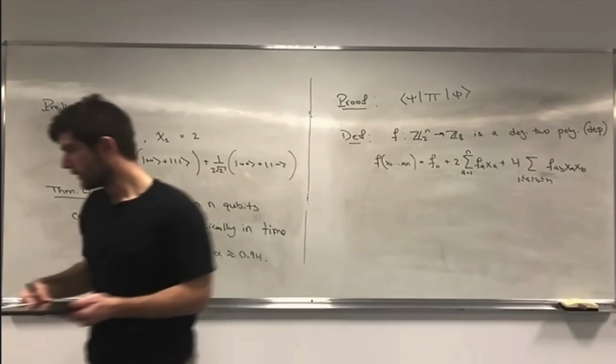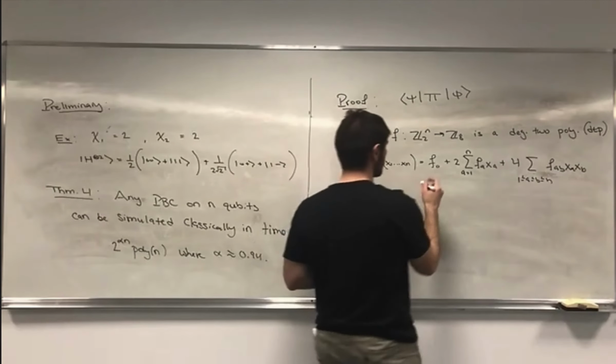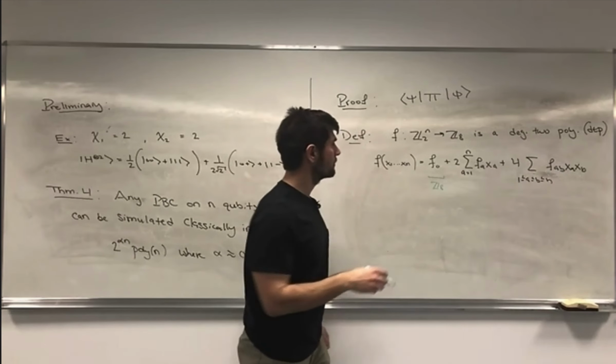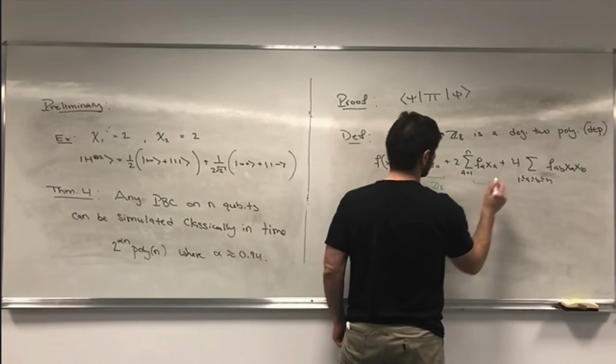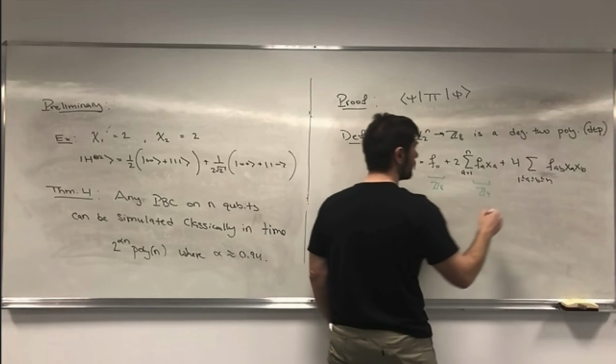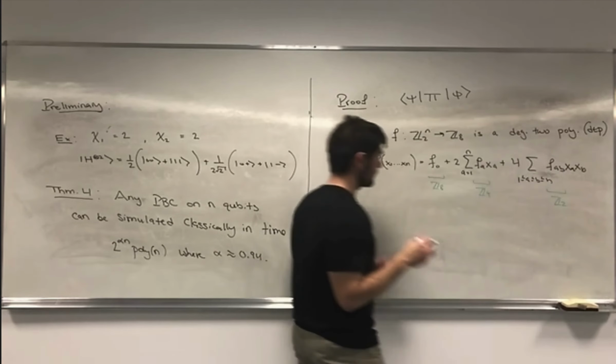So what are these coefficients? We have that f0 is in Z8, the coefficients fa are in Z4, and these are in Z2.